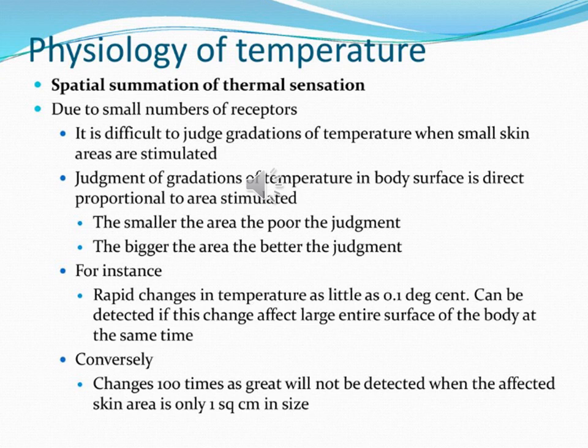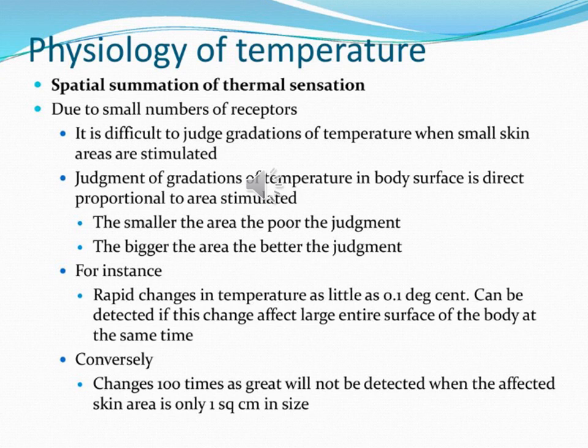The number of the cold nerve endings or the warm endings in any one surface area of the body is usually slight. Because of the small number of the receptors, it is very difficult to judge the different grades of temperature when small areas of the skin are stimulated.